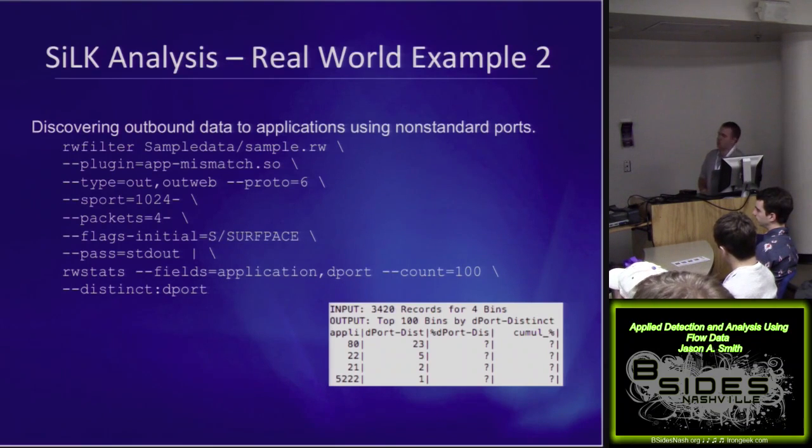Also looking for any source ports that are 1024 and above, trying to get things that look like real communications. And then we're doing a stat for the application and destination ports, where we're going to list out the top 100, which we only had a few in this case that weren't matching up. So what you have here is the application that YAF saw.